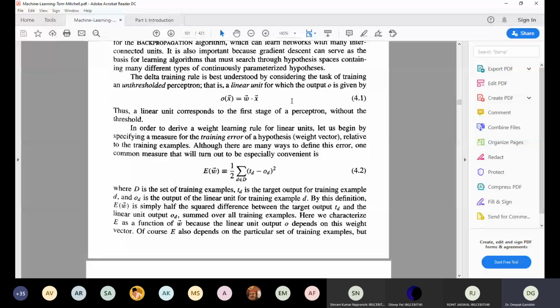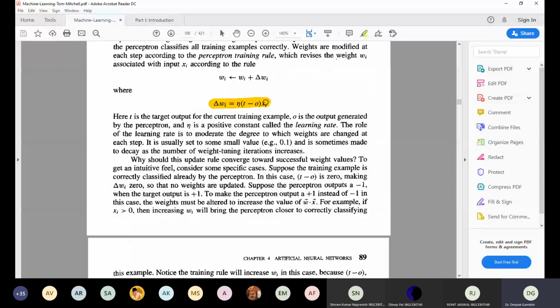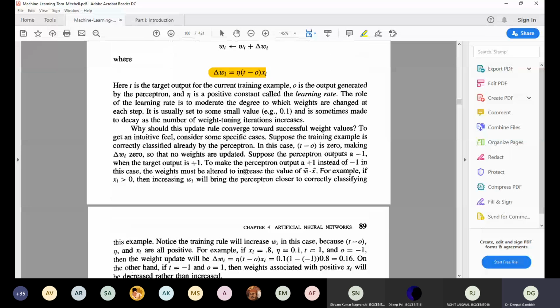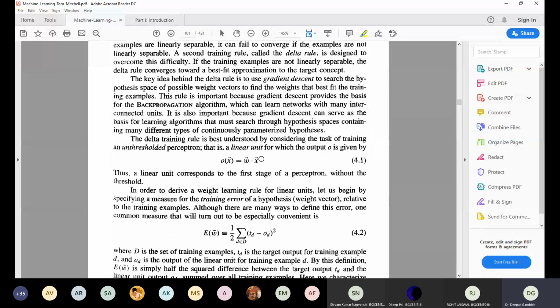This is the perceptron learning rule, in which the change in weight is computed as eta, the learning rate, multiplied by target minus output, into the input xi. Whereas in the gradient descent learning rule, we compute the output as the weight vector multiplied by the input vector xi. So that is the output.